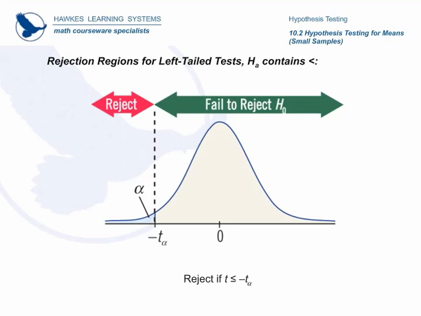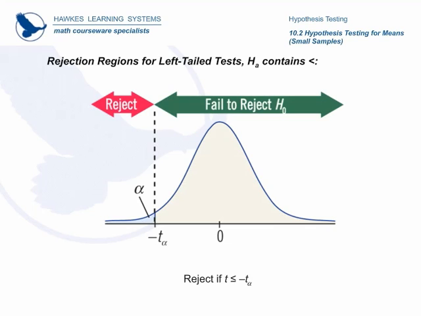Now let's take a look at what that would look like in terms of rejection regions for a left-tailed test and our alternative hypothesis, where it contains a less than a value. So we've got our rejection area and our fail to reject the null hypothesis area. So we reject if our T value is less than or equal to the negative T sub value for the level of significance.